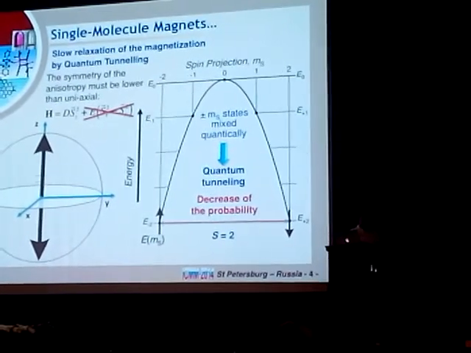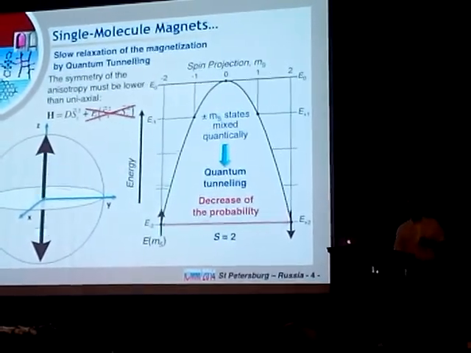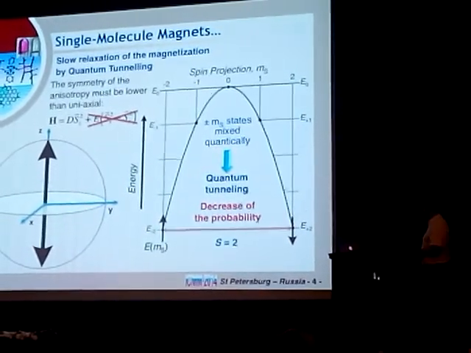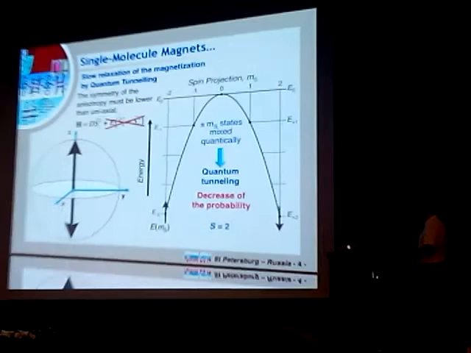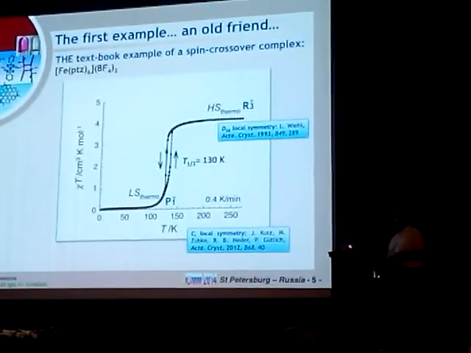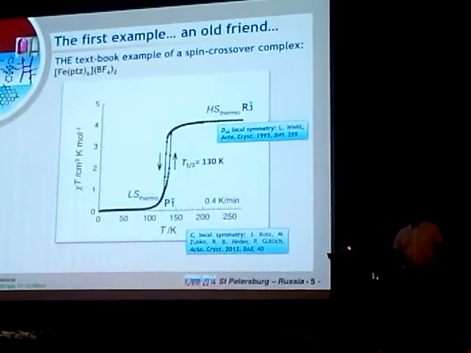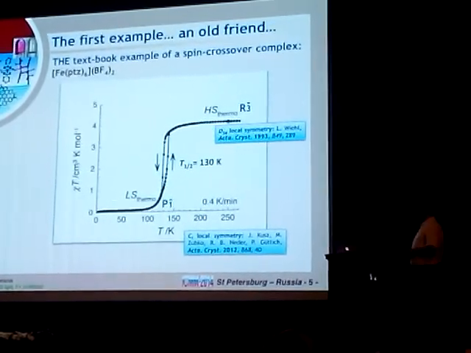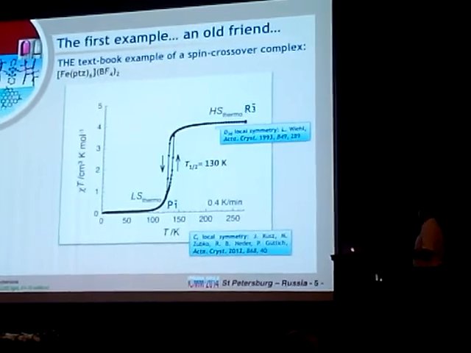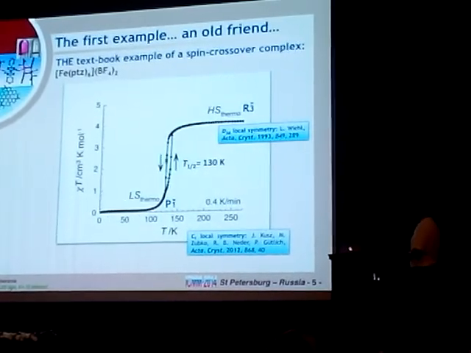This is why, at first, we looked back at this compound, because it crystallizes in a high symmetry space group. If you look at the magnetic properties of the compound that we have remade, they are exactly the same as the published ones. You have this first order transition I showed in the previous slide.